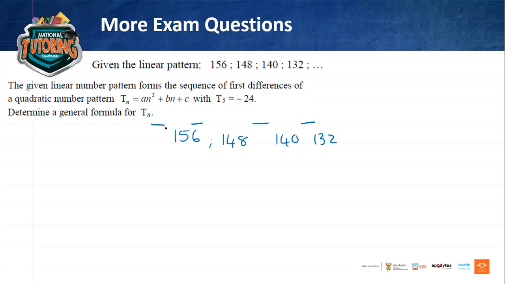So there's going to be a number and its difference will give me 156. The difference between these two numbers will be 148, 140, and 132. So this is the first term of my quadratic pattern, the second term, the third term, the fourth term, and I can add in the fifth term as well.